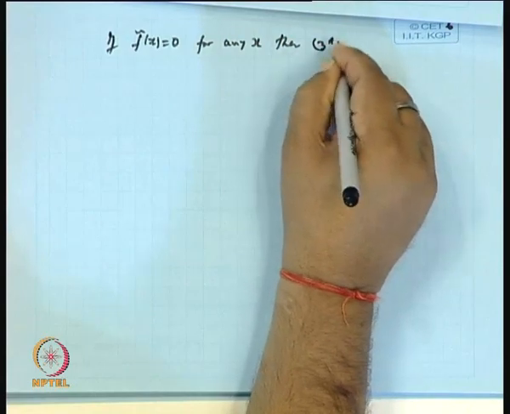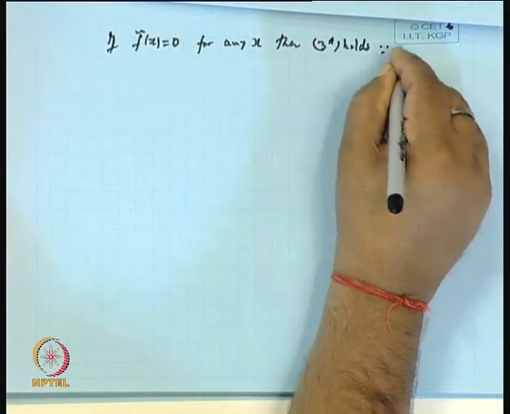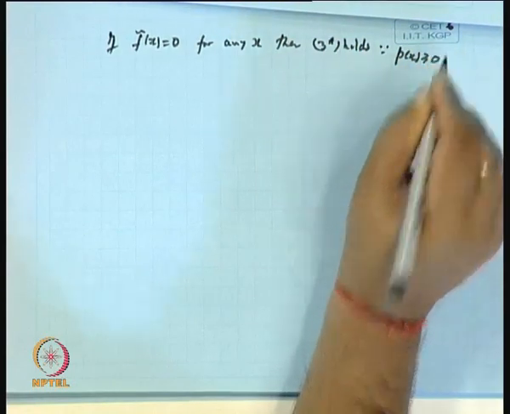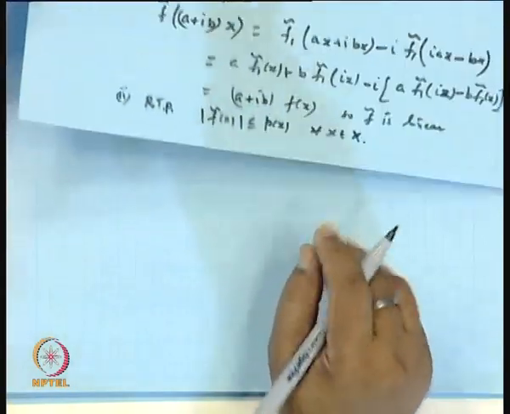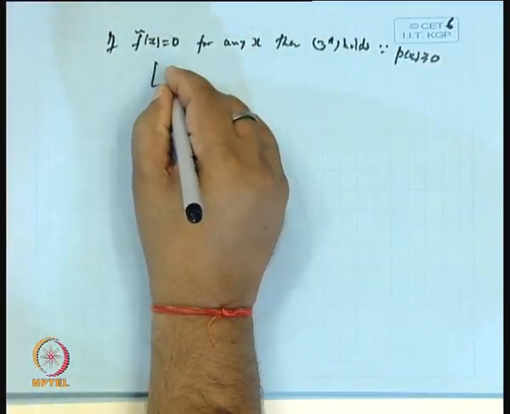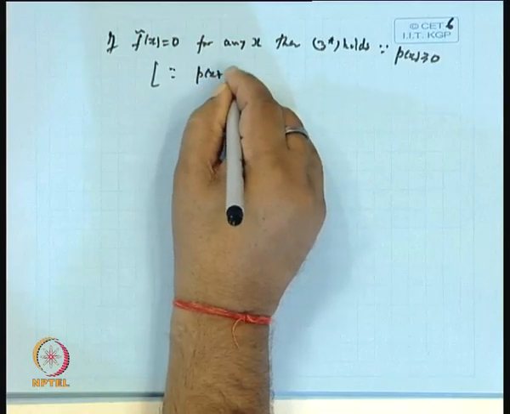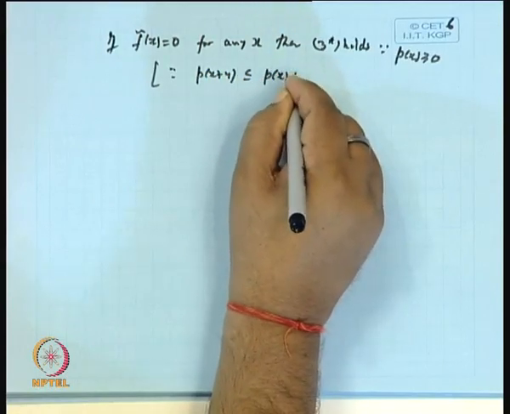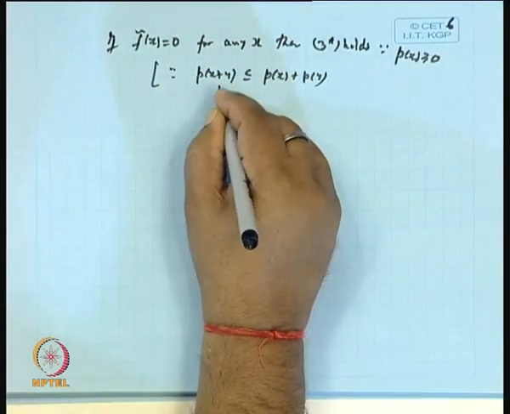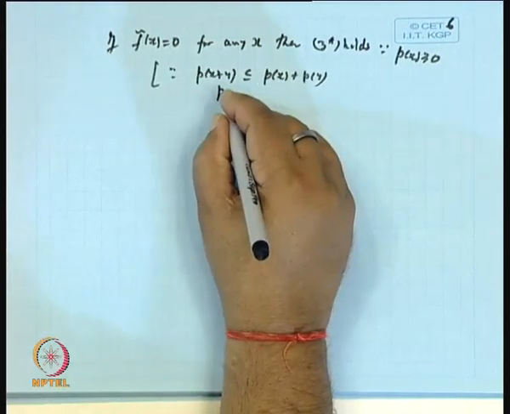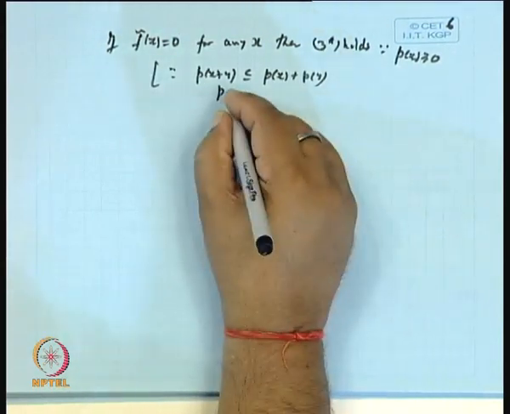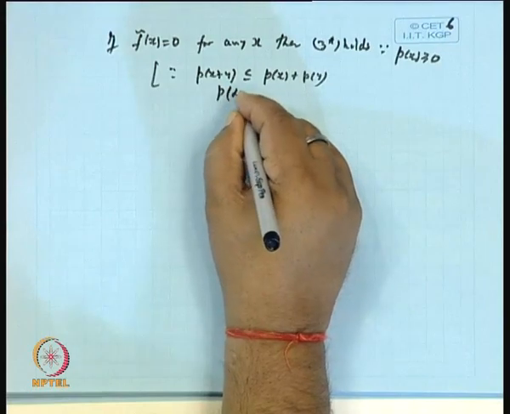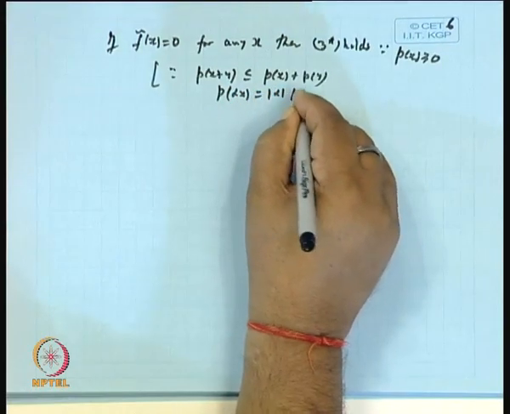the third holds, because p x will always be greater than or equal to 0, because p of x plus y is less than or equal to p x plus p y, and p of alpha x is equal to modulus alpha into p x.